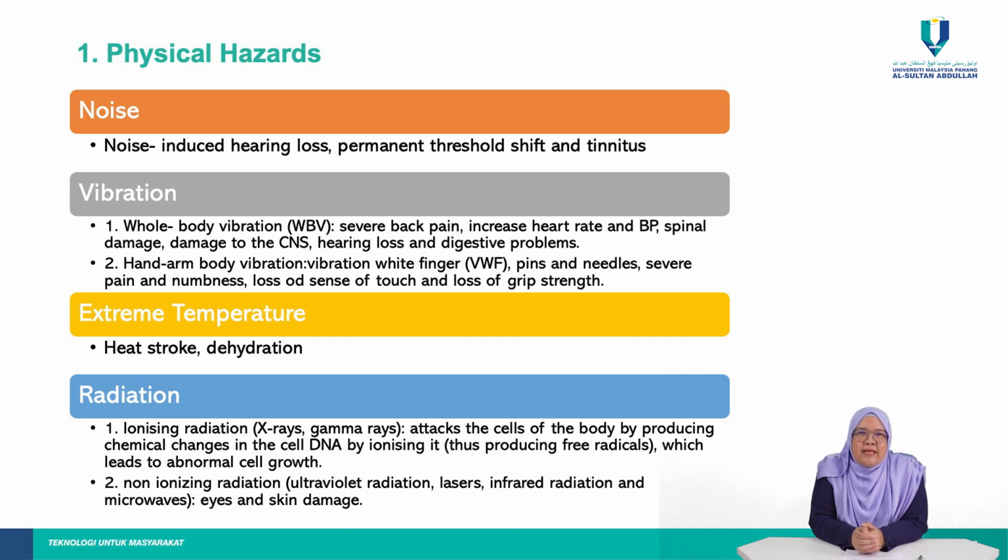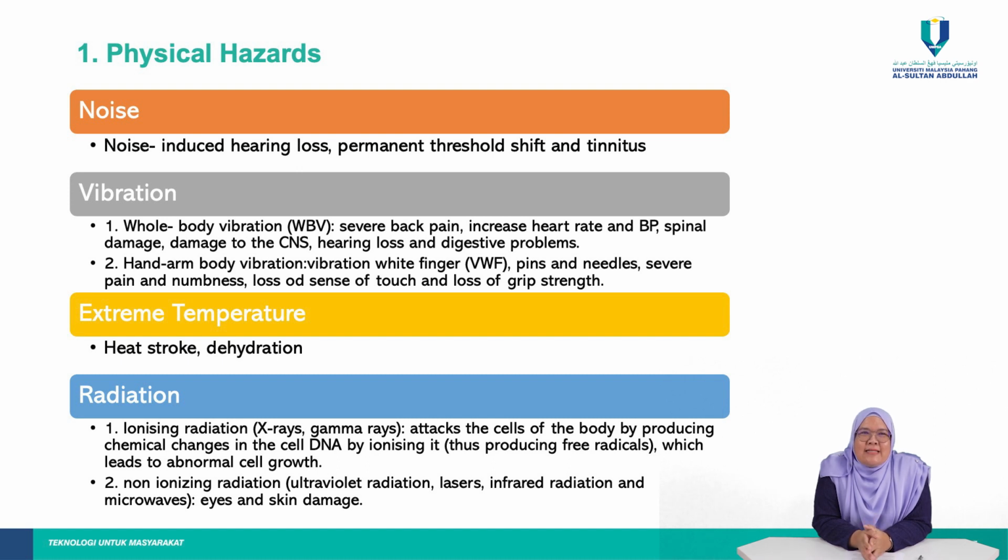HAV occurs when hand and arm tissues are exposed to vibrations generated by handheld tools, equipment or machinery. Prolonged exposure to HAV can cause hand-arm vibration syndrome, which includes symptoms like tingling, numbness and reduced grip strength.